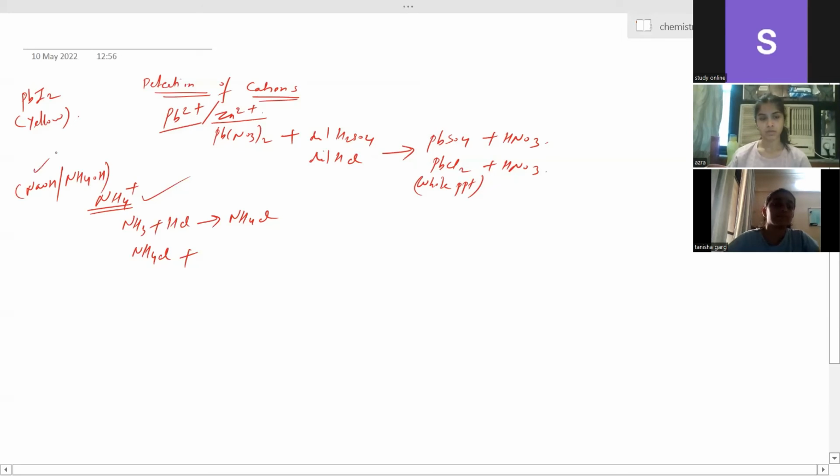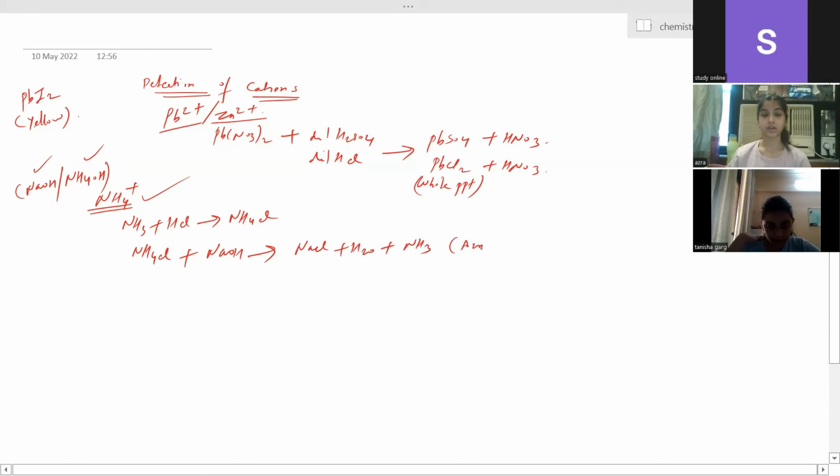Either we react with NaOH or NH4OH for detection of cations. So this is already NH4, so we'll react with NaOH. So NH4Cl, ammonium chloride, plus NaOH. What will it give? NaCl plus H2O plus NH3.